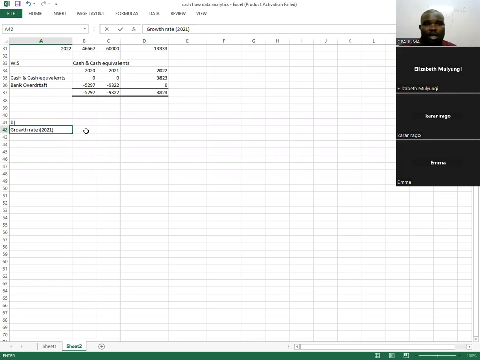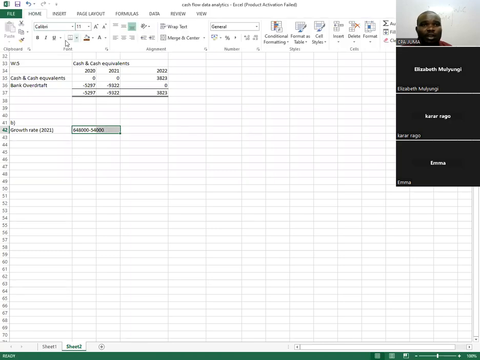For 2021, I check revenue 2021. It is 64,800, sorry, 64,800 minus 54,000. The divide I can put here, and underline all of it.